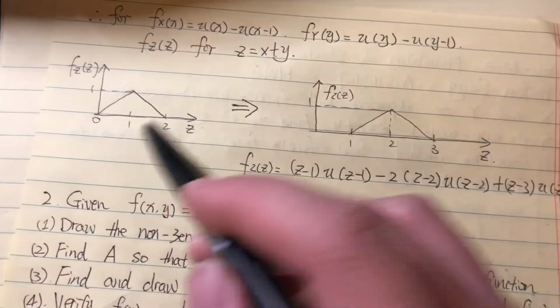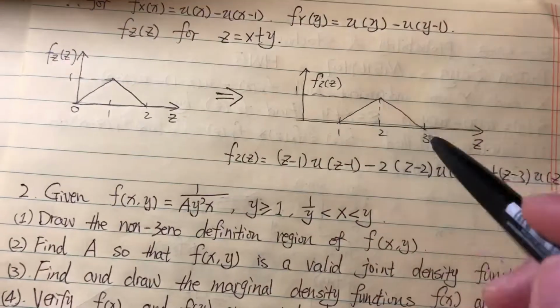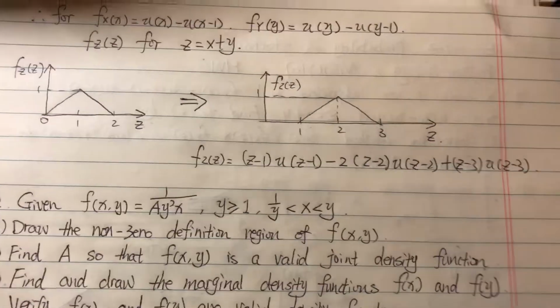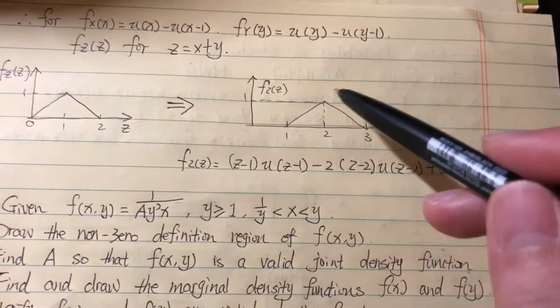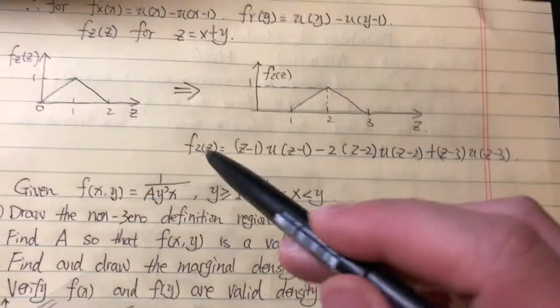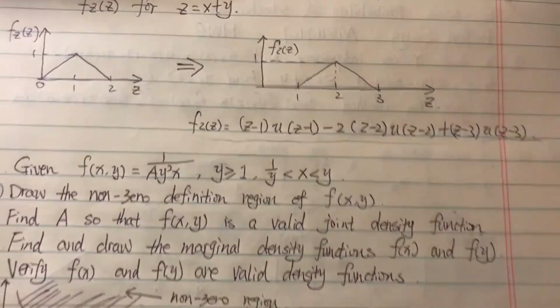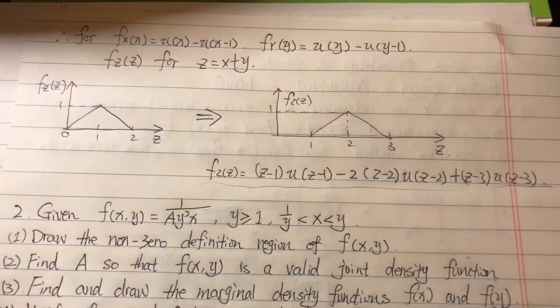So this one changes to this one, which is the same as the diagram of the convolution method. So the formula is the same. So this is question 1.